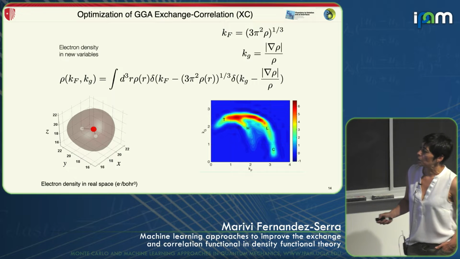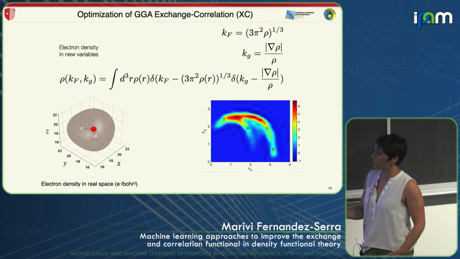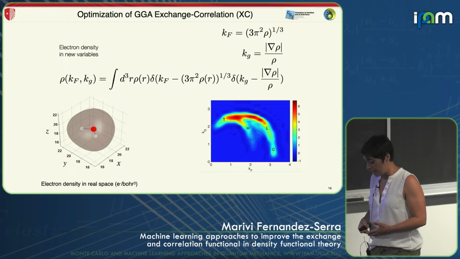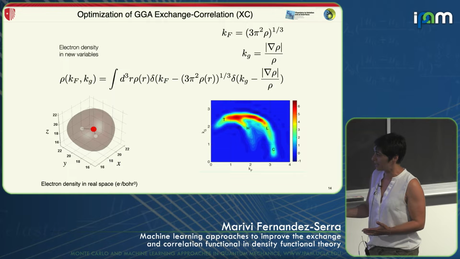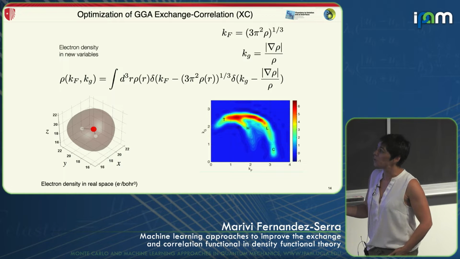So usually this is the way you are used to seeing your densities. This is just an isosurface, so in real space, of course. Again, the dimension of this box will depend on the atomic coordinates of your system or the extent of your system.